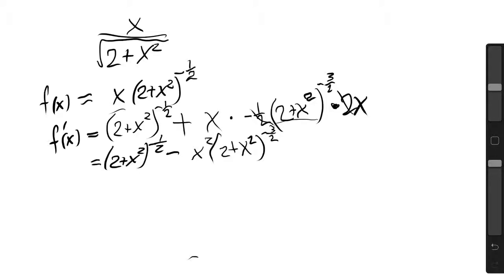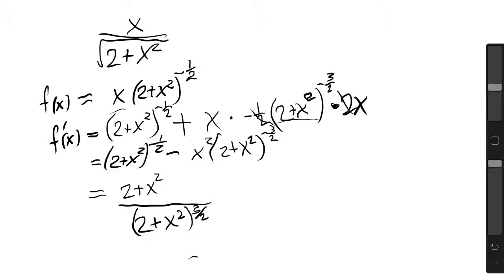For the first part on the left, we can multiply the top and bottom of the fraction by 2 plus x squared, all to the power of 1, which would give us 2 plus x squared to the 3 on 2 on the bottom, and the top would just be 2 plus x squared.